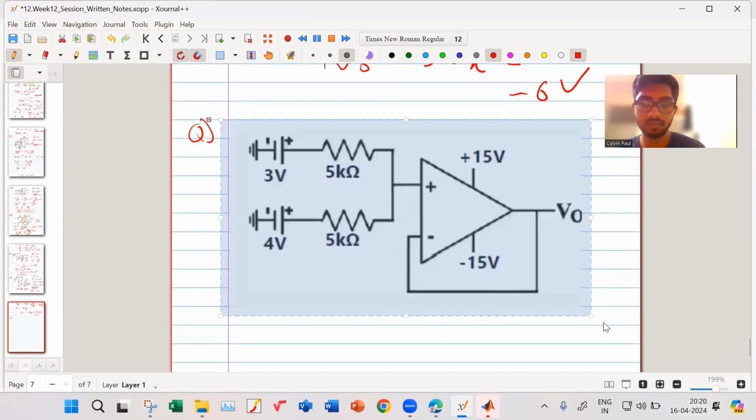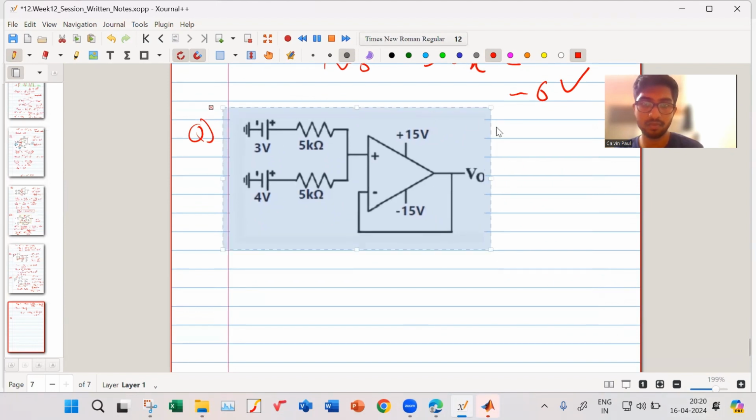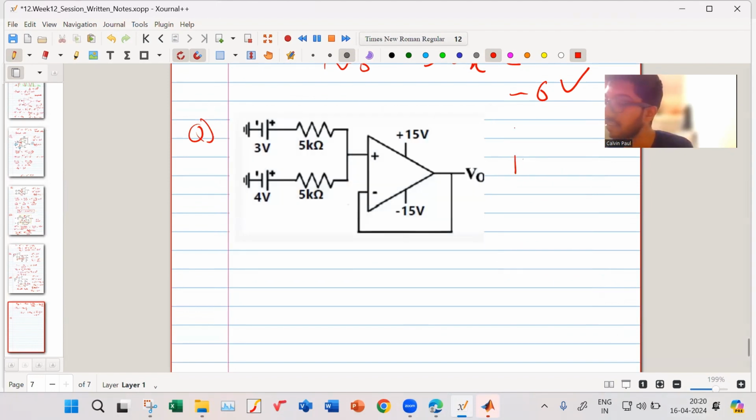We can apply KCL at the positive node. We apply KCL at V plus.